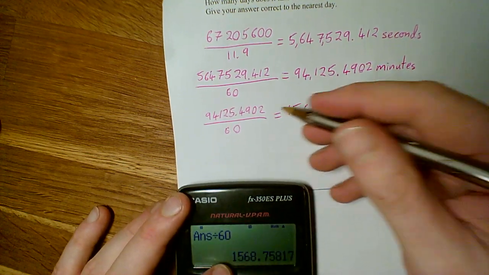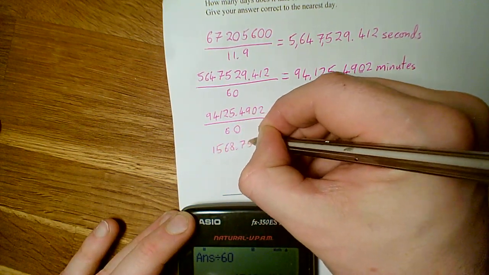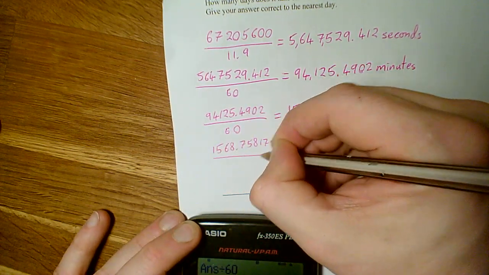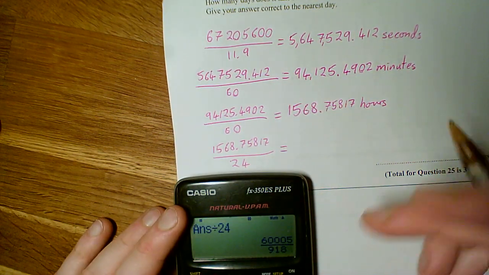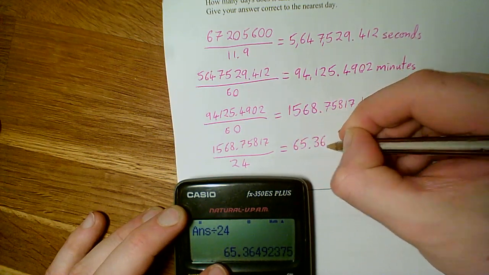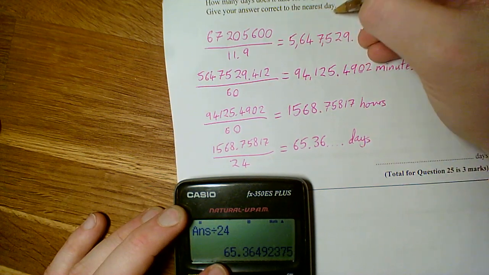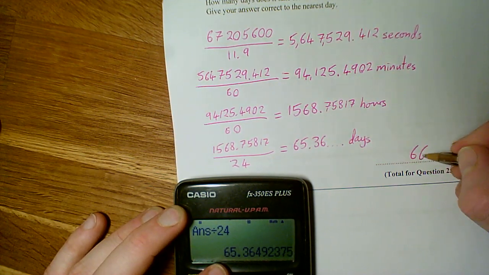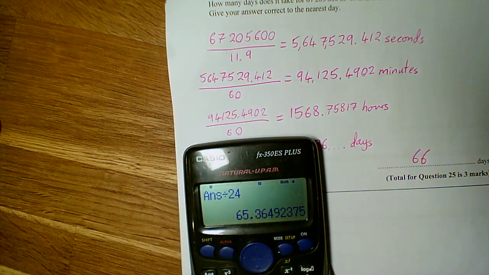Great, if I know the number of hours, how many hours are there in a day? 24, so 1,568.75817 over 24 gives me 65.36 and some other stuff days. It says round it correct to the nearest day, that would be 66 days. Just going to double check what I've done.